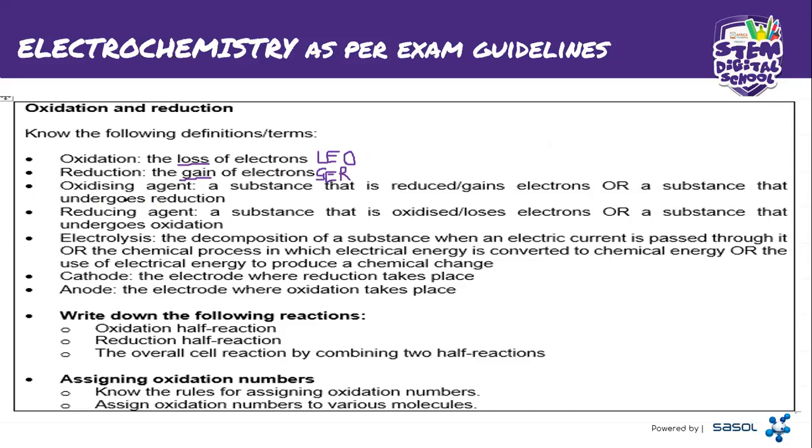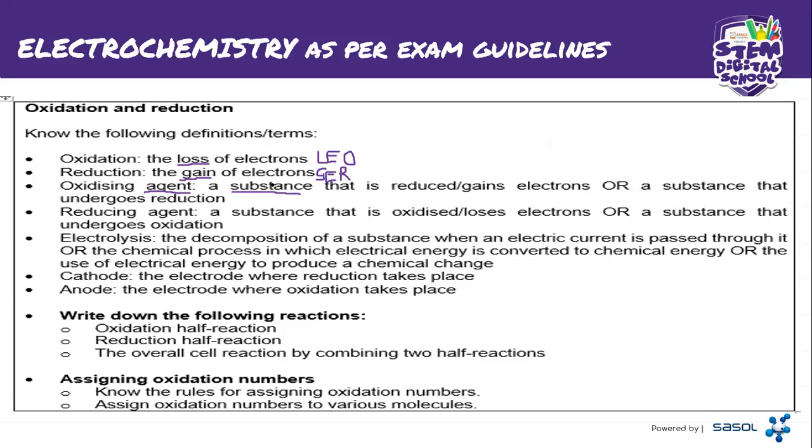Then you must know how to define the term oxidizing agent. And for the mere fact that there we have the word agent, it reminds you that now we are referring to a particular substance. And hence, when the definition begins, it says, a substance, very critical, that is a critical word, and it must be used in the correct context.